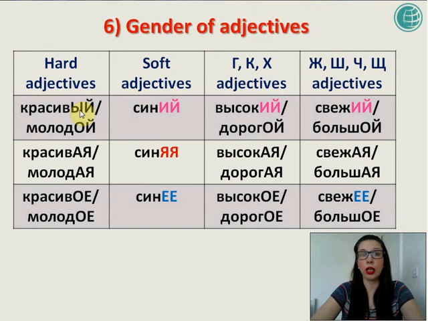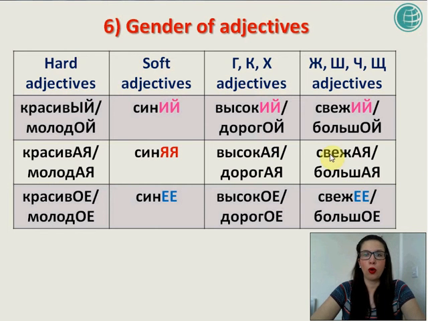We should change ы to и. And it will be a little bit different from the hard adjectives. It's just in the masculine form, unstressed ending. Instead of ый, it will be ий. Высокий, tall, свежий, fresh, дорогой, expensive, большой, big. Дорогой, большой, these are stressed forms, and you don't need to think about it.